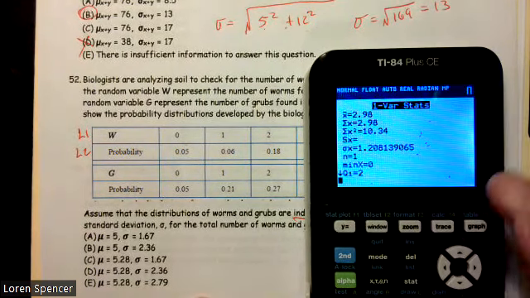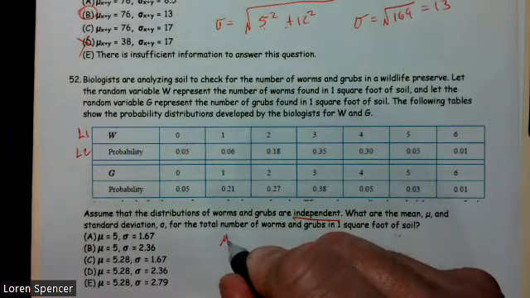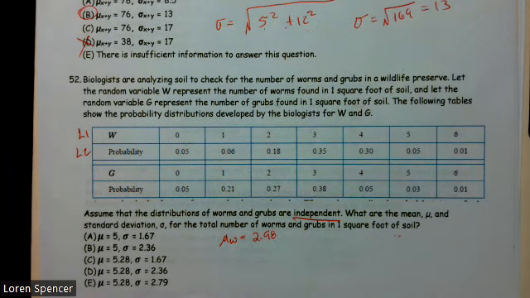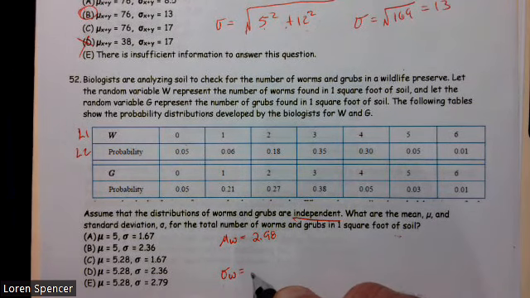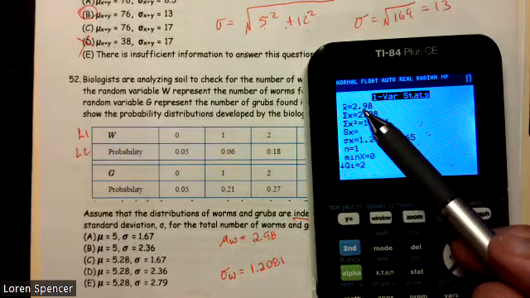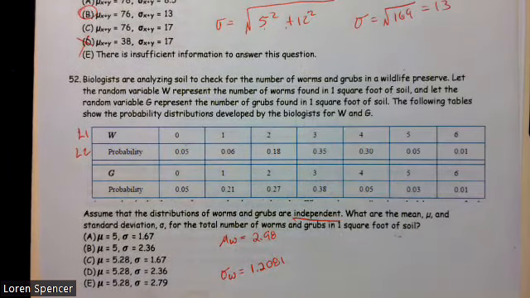I end up getting a mean of 2.98. So the mean of W is 2.98, and the standard deviation of W was 1.2081. I'll just show you that real quickly on my calculator: mean of 2.98, standard deviation 1.2081.